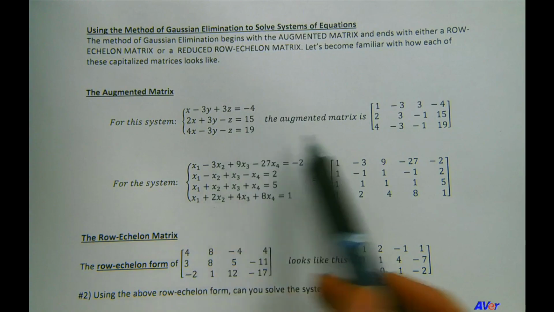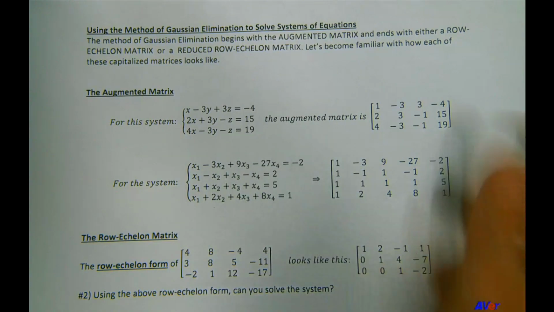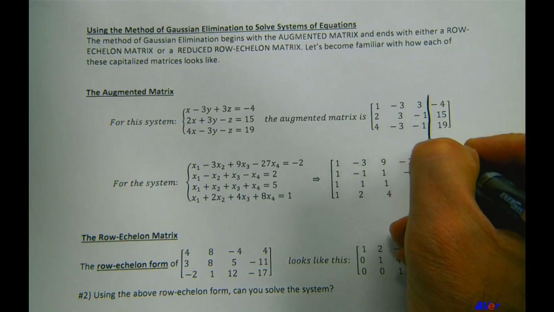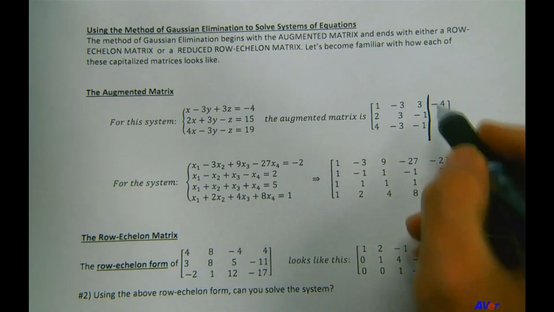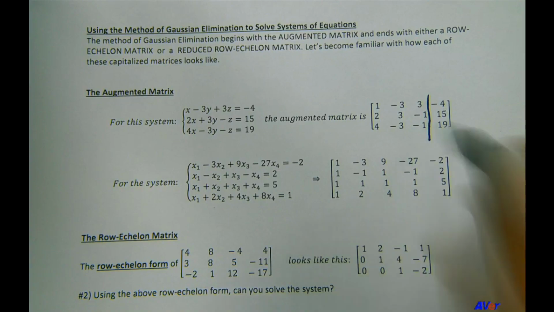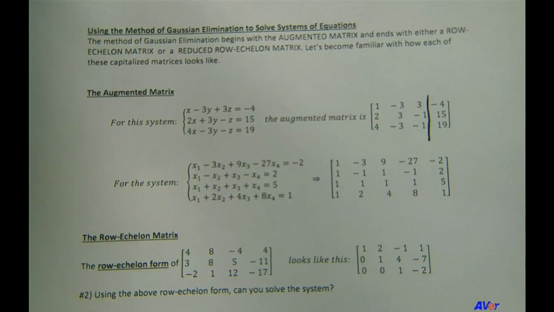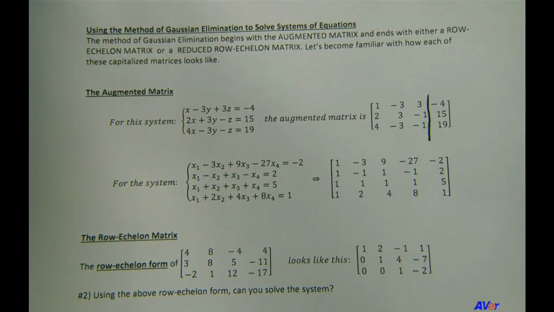Okay? Sometimes when you read books, some author would like to put a vertical bar here, which is okay. Placing this or not placing it is just a matter of preference. If it's missing, it's not that it's incorrect. If it's present, it doesn't mean that it should be. So you should be familiar with both.